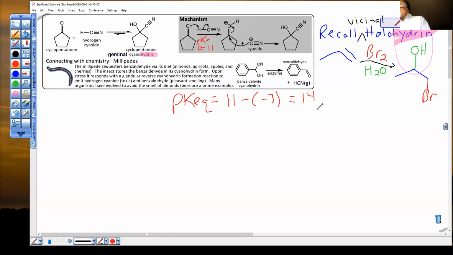This number means we need 10 to the power of 14 of these to get one of these. Remember, it's a log scale, 10 to the power of. Okay, so how can this reaction even work if such an unfavorable equilibrium is established?